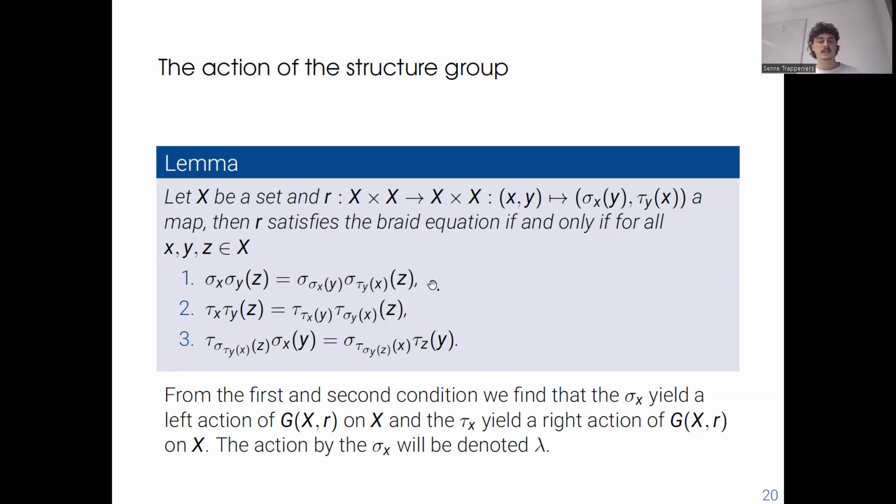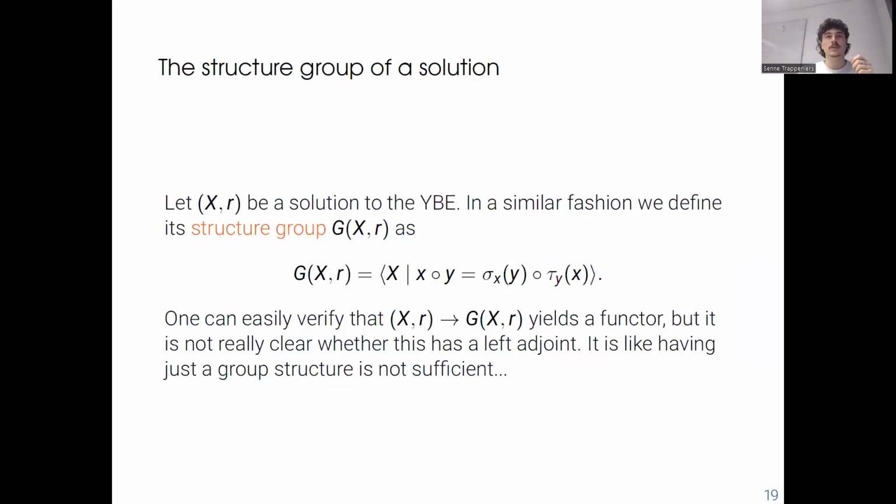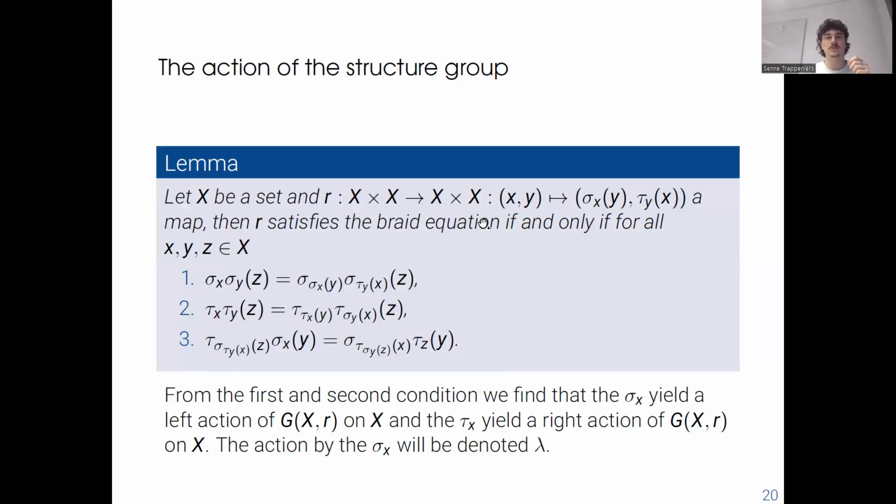And if you look back at the definition of the structure group, this means precisely that we can let the group G(X,R) act on X. How do we let it act? Well, we let the generator x act by sigma x.